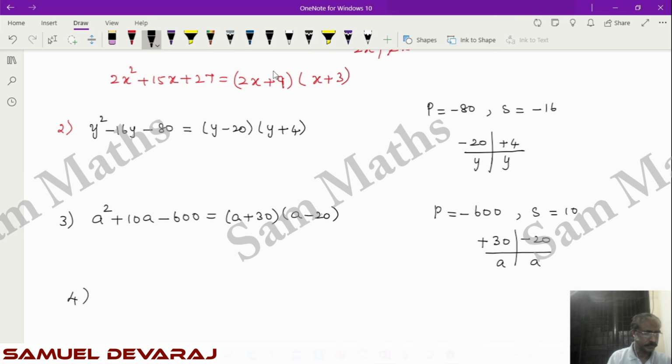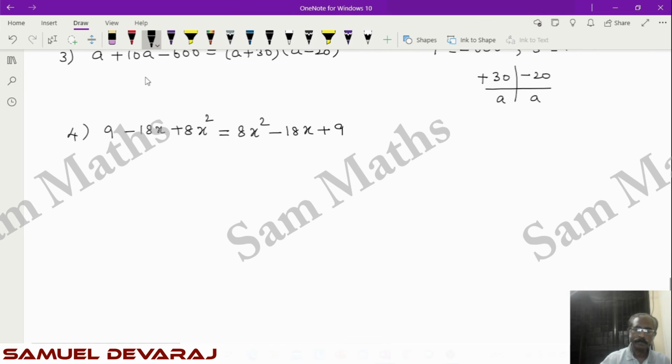One more question. 9 minus 18x plus 8x square. You just rewrite that. This is equal to 8x square minus 18x plus 9. Come on, just think what will be the product.